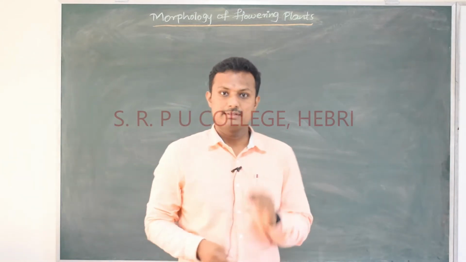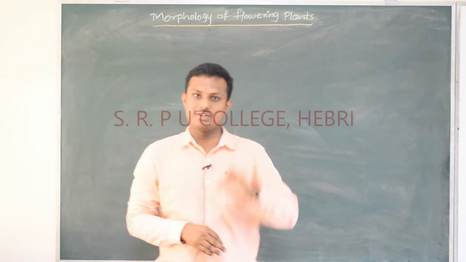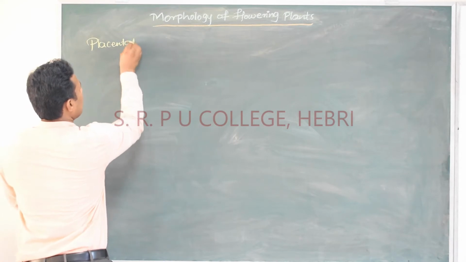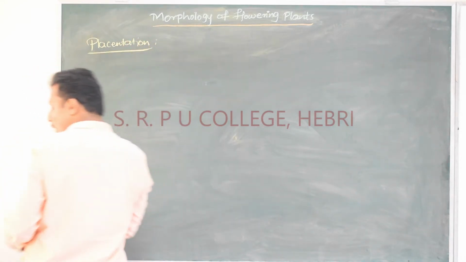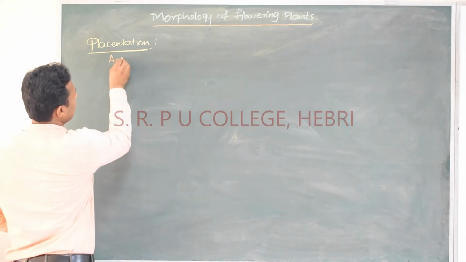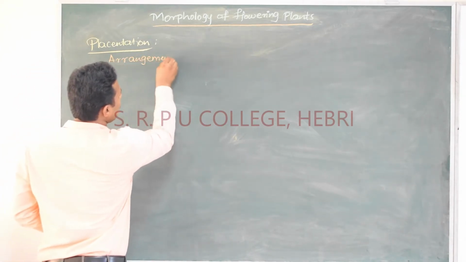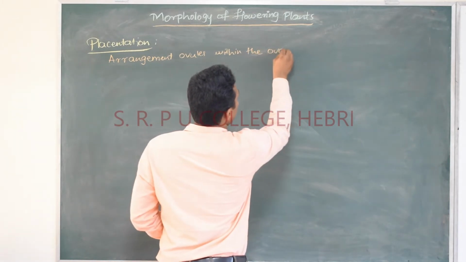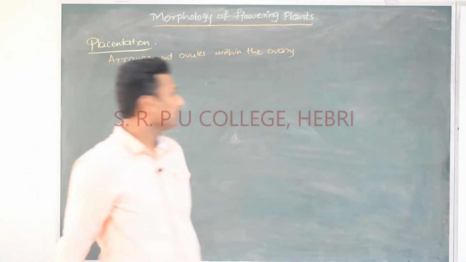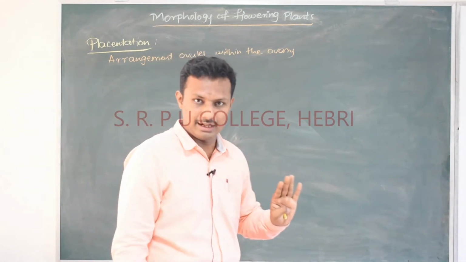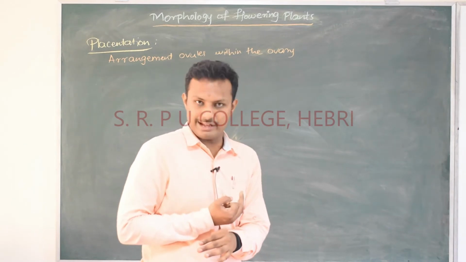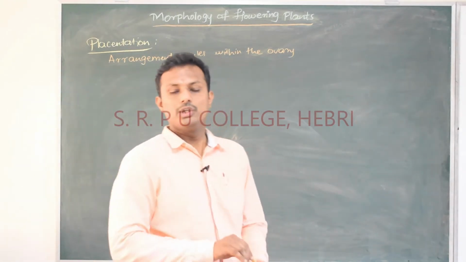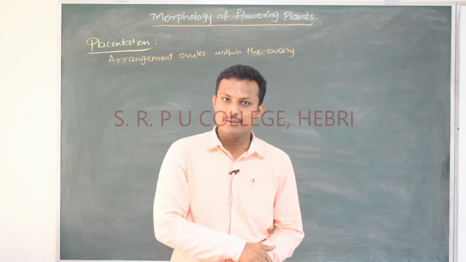Placentation means the arrangement of ovules within the ovary, on the cushion-like tissue called placenta. In angiosperms, normally we find 5 different types of placentation.